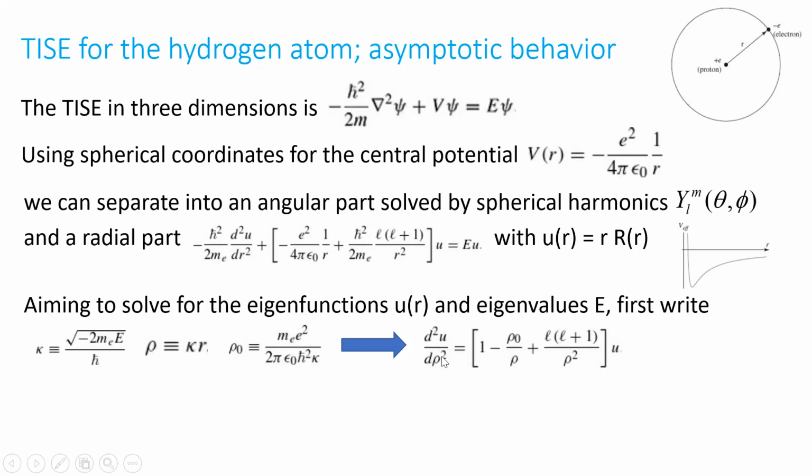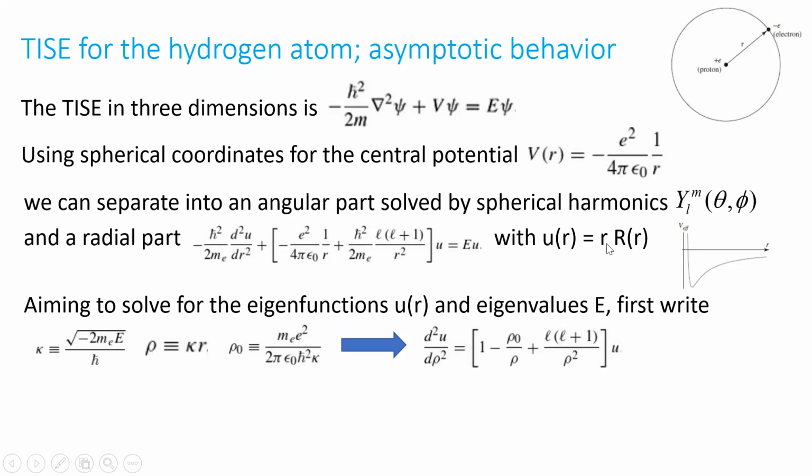So we have the second derivative of u with respect to rho is 1 minus rho naught over rho plus L times L plus 1 over rho squared, times u. Okay, so that's what we're trying to solve. And if we solve for u, we get capital R, the eigenfunctions. If we solve for rho naught, we get the kappa and we get the E, we get the eigenvalues. So that's how this would translate back to our original radial equation.